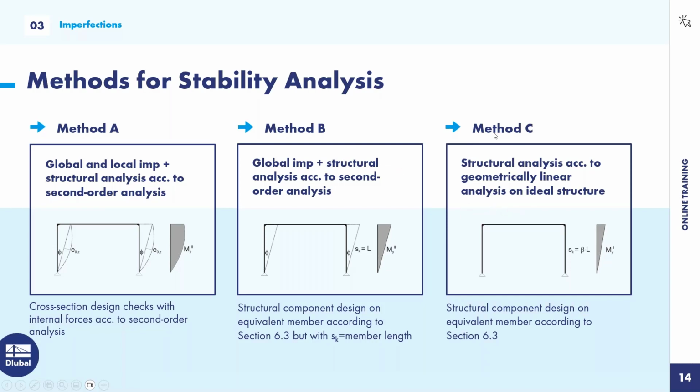Now, there is an important sentence mentioned in the explanations for Eurocode 3. The structure component design can be carried out for flexural buckling with the internal force according to the geometrical linear analysis, which were determined on the ideal structure without the use of imperfections by considering the system buckling lengths. The moment increase according to the second order analysis and the effect of equivalent imperfections are already taken into account.